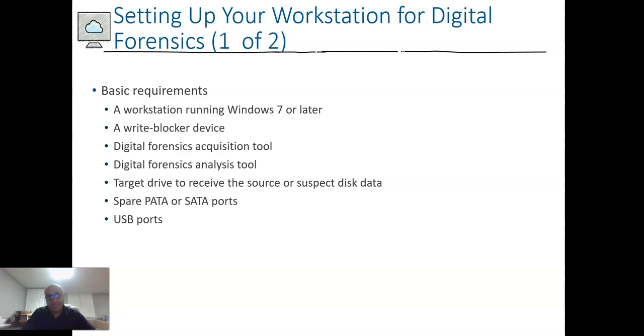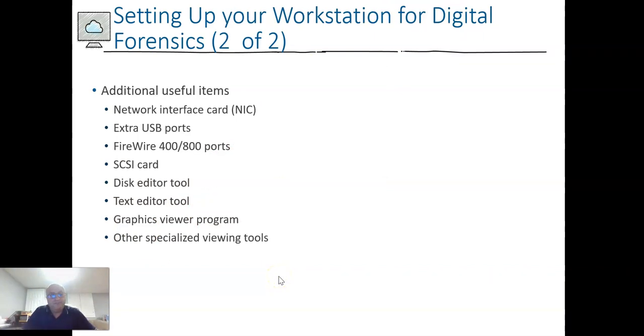Spare PATA or SATA drives, different kinds of hard drives. USB ports where you can connect these devices, okay? Network card, USB, disk, SCSI card, which is an old technology for hard drives, text editor, disk editor, graphic software like Photoshop and stuff like that.